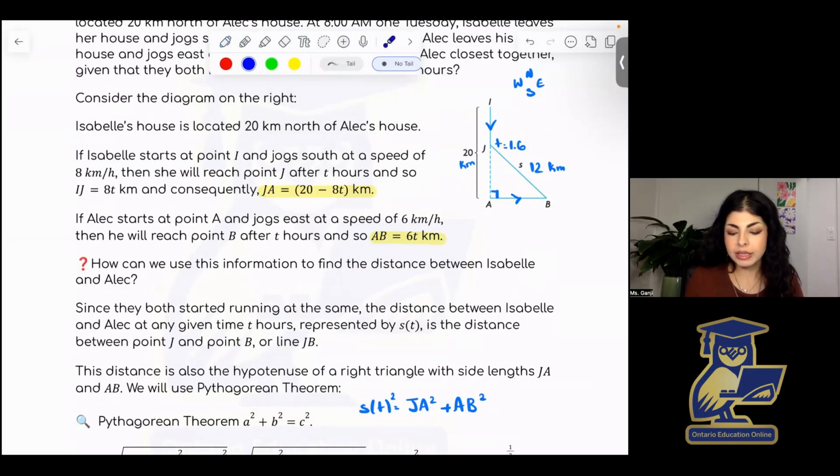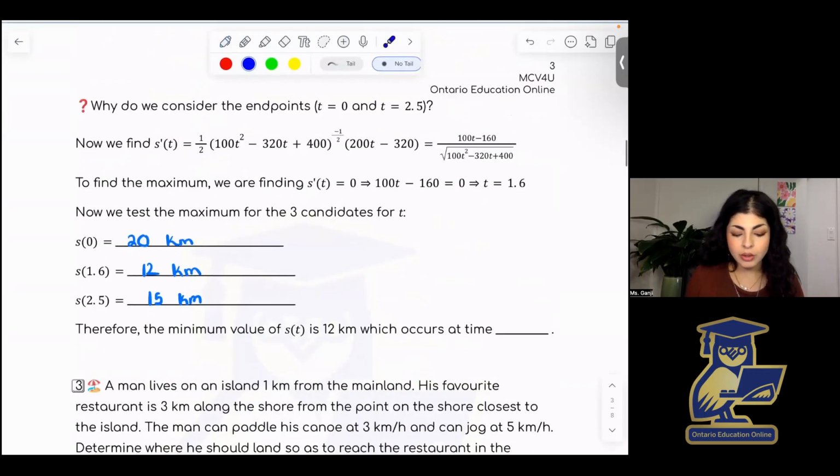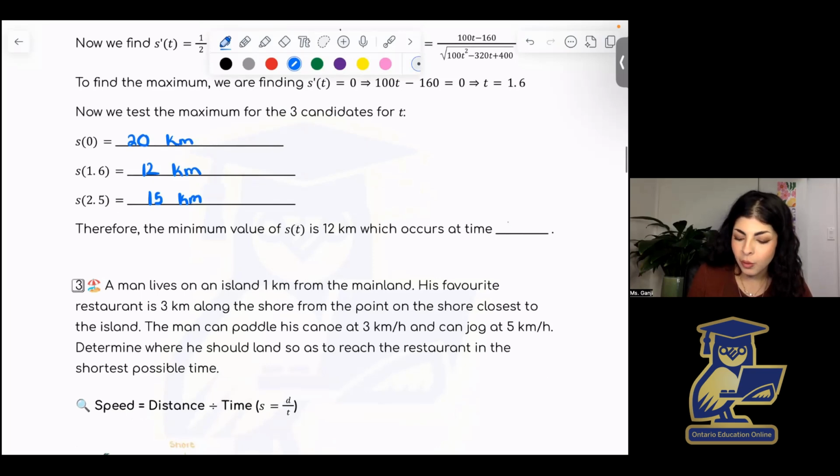And so the distance is now increased to 15 kilometers. So the minimum value of the distance between them is 12 kilometers, which occurs at time 1.6 hours. And you can do a further step here to try to write it in terms of hours and minutes, but this would also be sufficient because we were told our unit is an hour, so I can just stick with that.